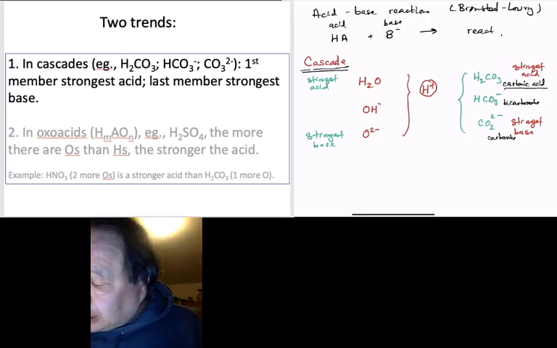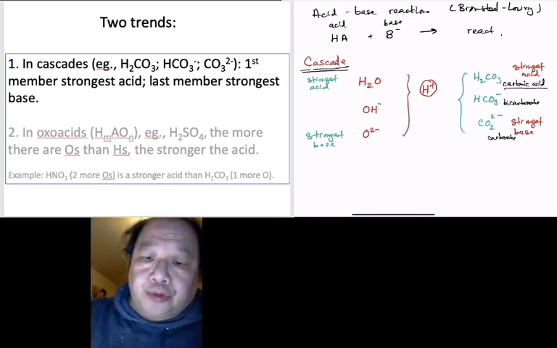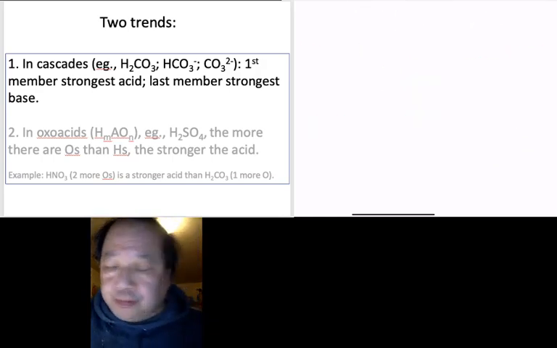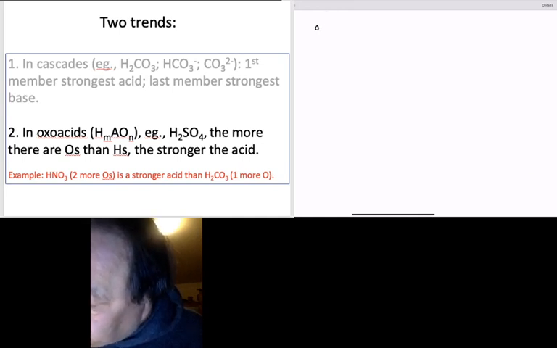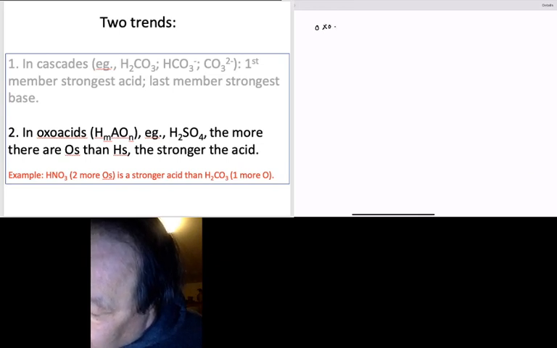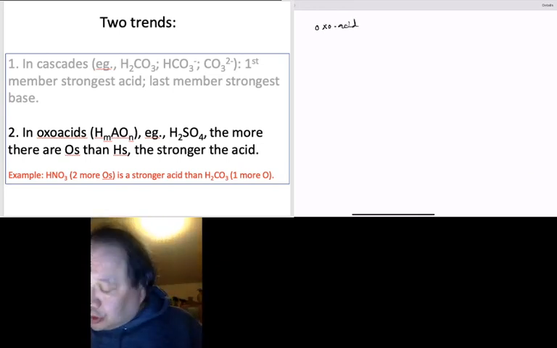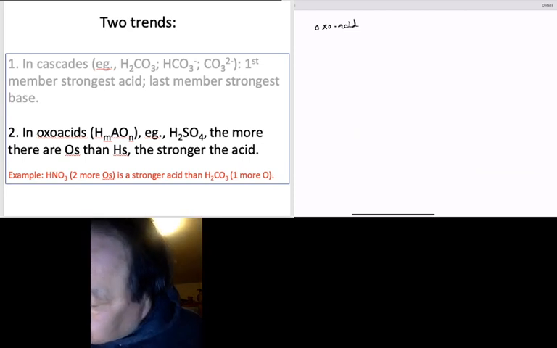And then the second trend that we're going to go through is oxoacids. These are species that we've actually learned in Lewis structures. And oxoacids are going to be systems like this. And I'll draw quite a few of them.